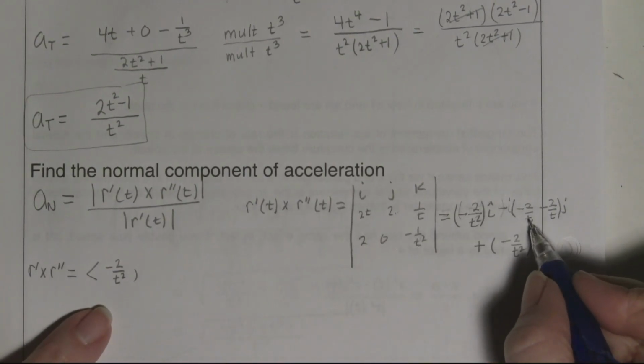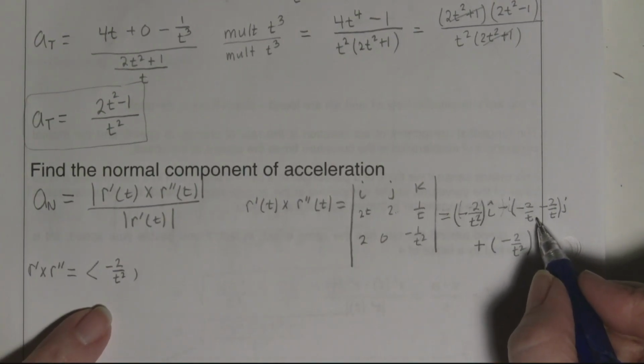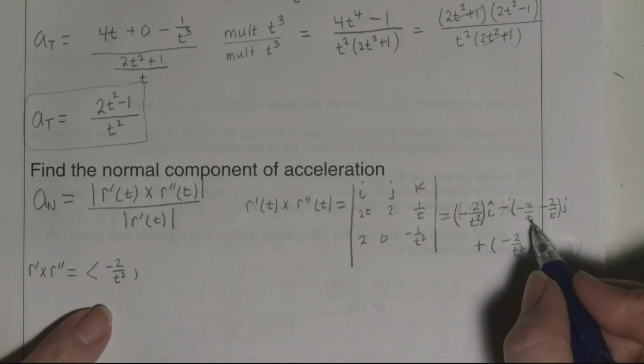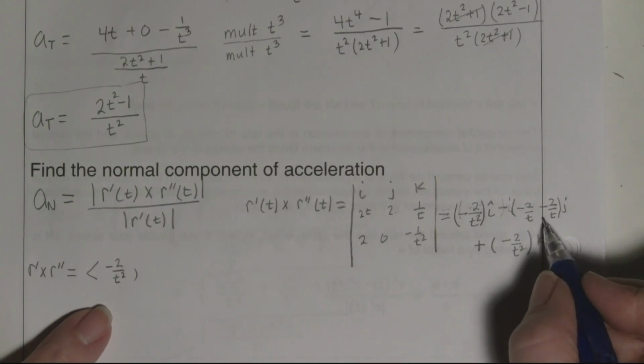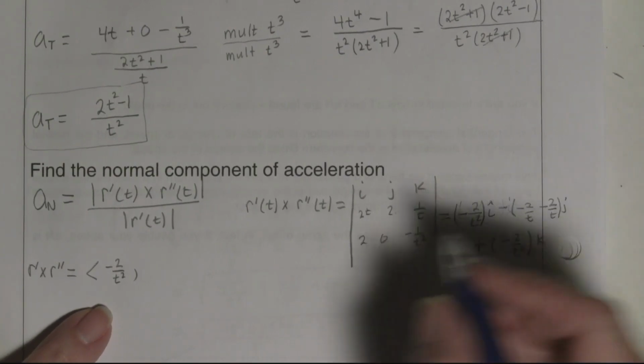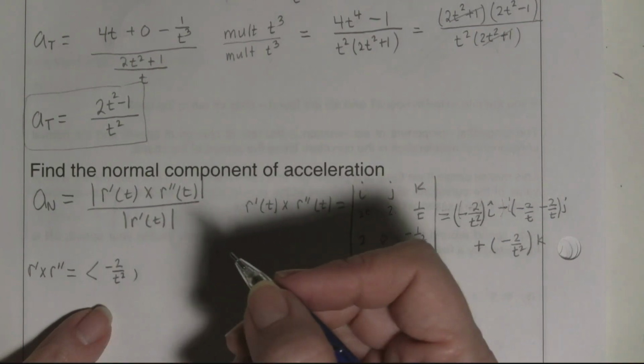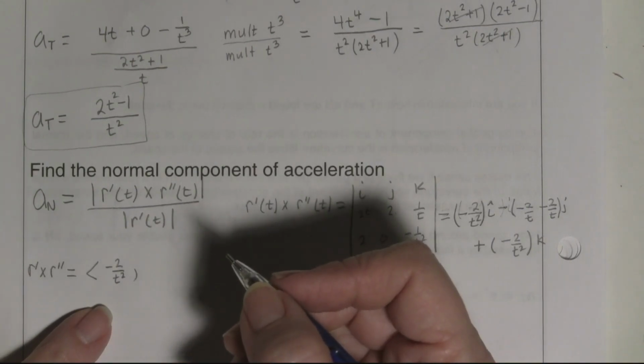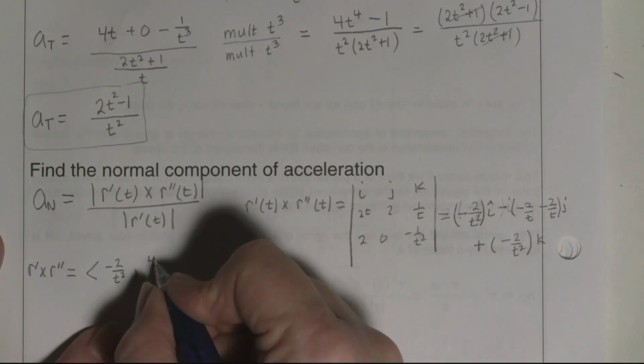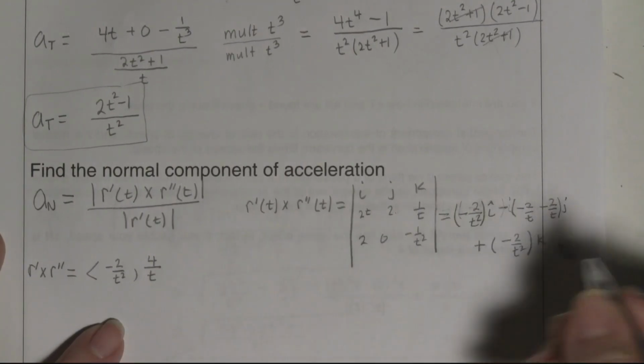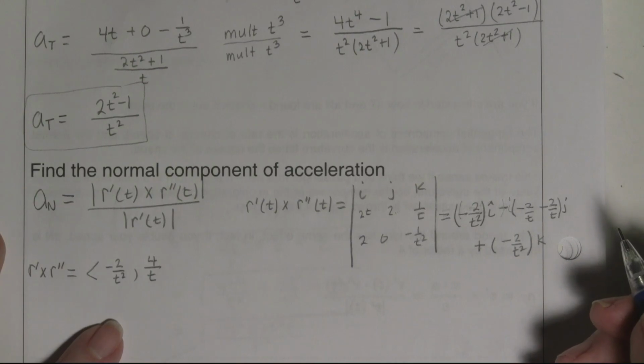comma, and then it's a negative 4 over t, and then times the negative is a positive 4 over t. I made a mistake on this last semester, right there, because I have a sign error.